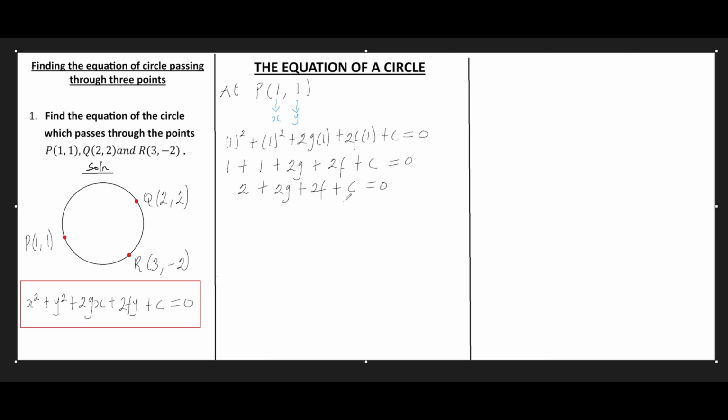So we are grouping variables on the left and the numbers on the right. So we have 2g plus 2f plus c is equal to minus 2. So this is our first equation. In other words, our equation 1.